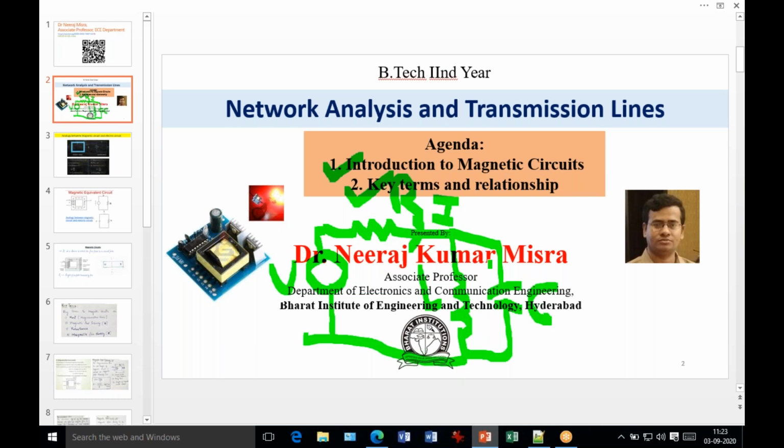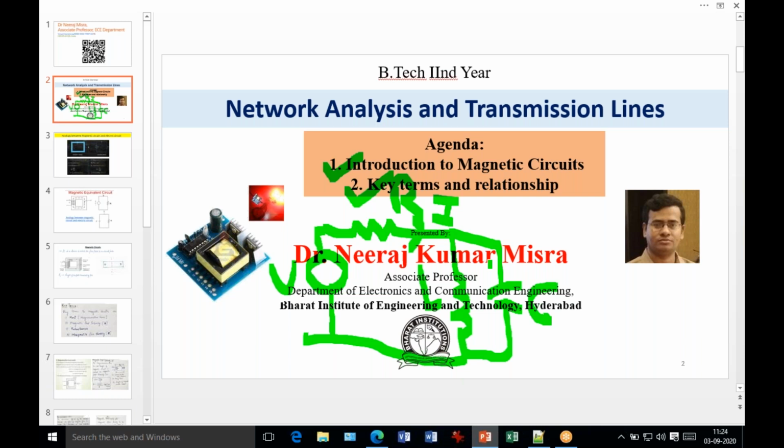So we will learn this circuit, which has a very broad or wide application. An example of a magnetic circuit is a transformer. You know, the electricity that comes into your home is not a very simple task, because a transformer is required. So the transformer is an example of a magnetic circuit, and the circuit inside it is a magnetic circuit.